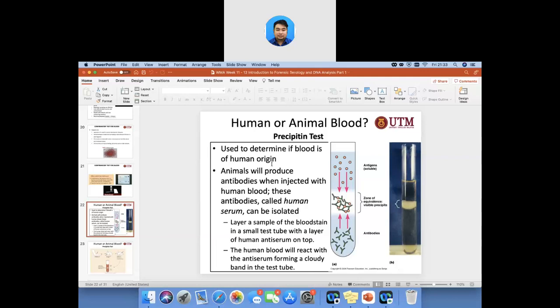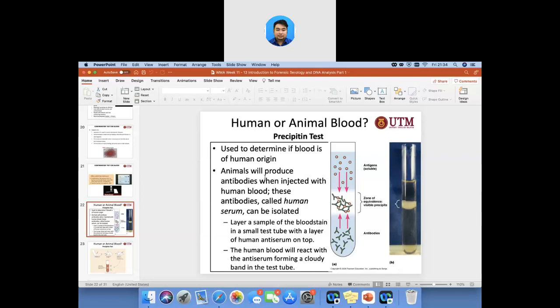The precipitin test is used to determine if the blood is of human origin. If it is of human origin, then you have a precipitate. You need to know that animals will produce antibodies when injected with human blood. When we inject human blood into an animal, this animal will create antibodies, which we call human serum, and this human serum can be isolated.